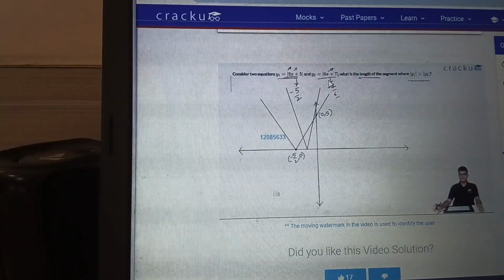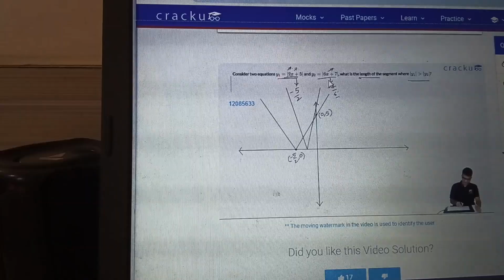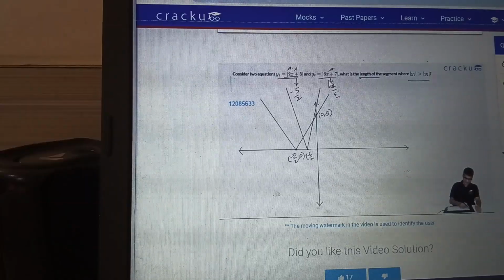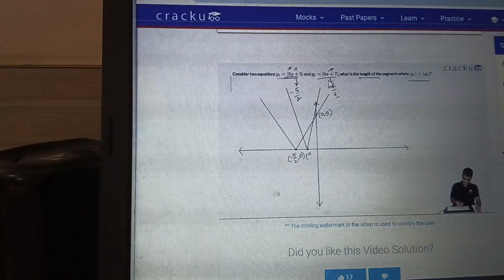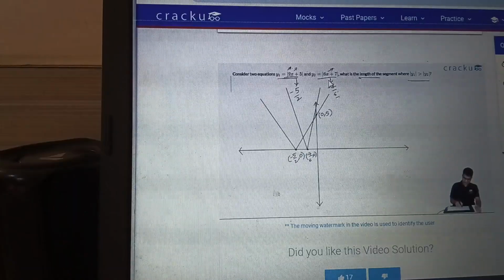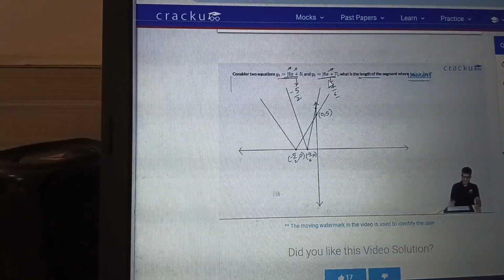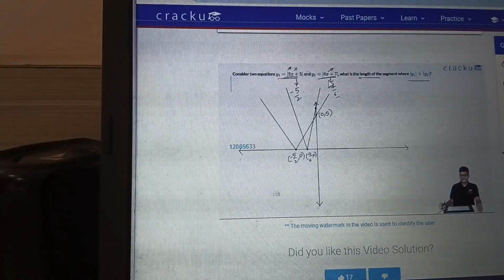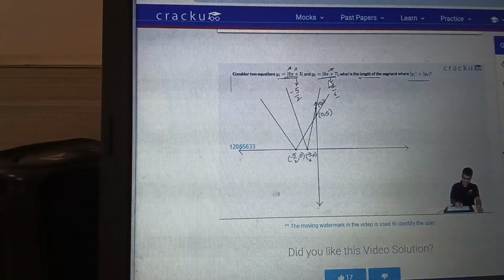So essentially the second graph will be much steeper. It will go higher much faster. This point for the second graph is minus 7 by 6, 0. And at what point does it intersect the y-axis? That is, what is the value of y2 when x is equal to 0? When x is equal to 0, that will be equal to 7. So this is 0, 7.